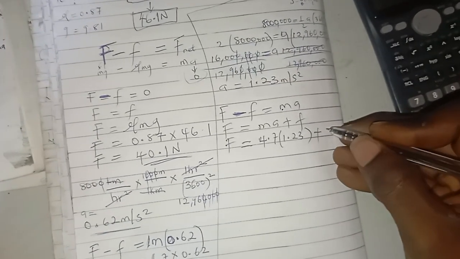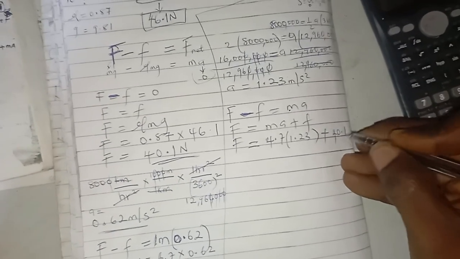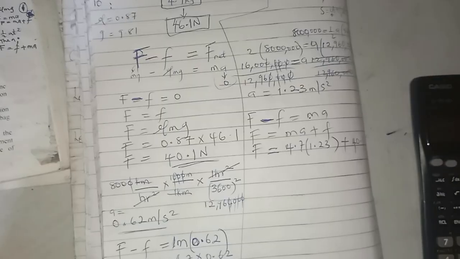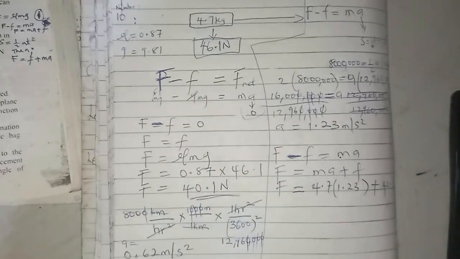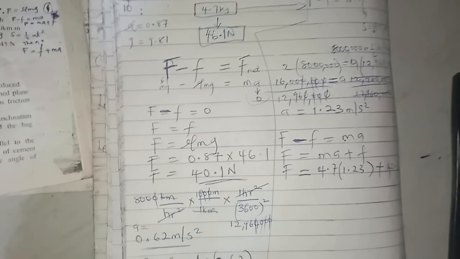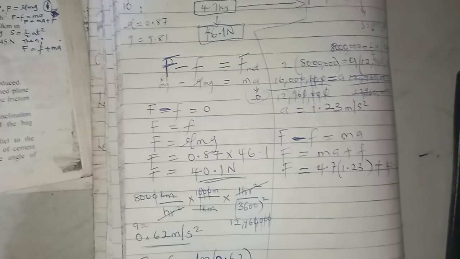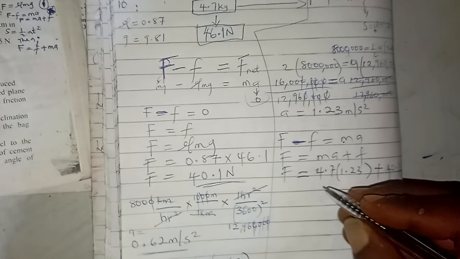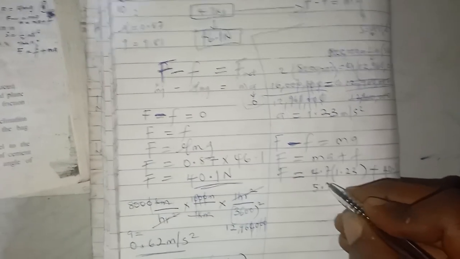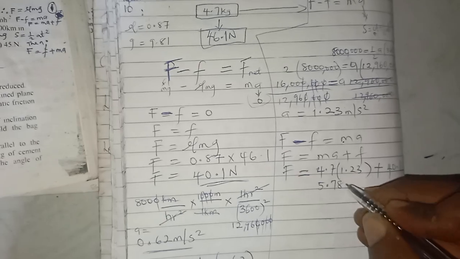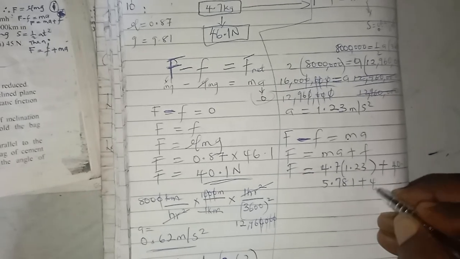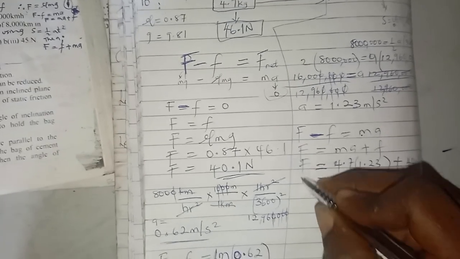So let's do it. We do 4.7 times 1.23. We have 5.781. So plus 40.1.